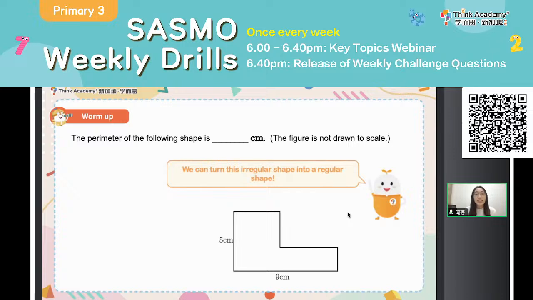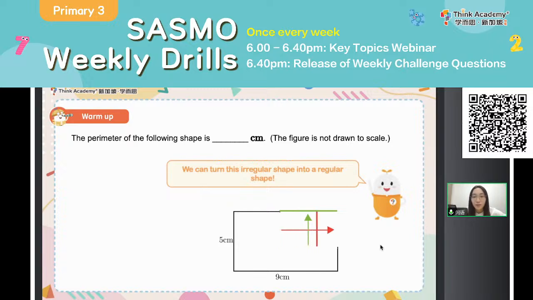We can just turn this irregular shape into a regular shape. Let's have a look. What should we do? Well, firstly, everyone, for the L shape, we just put the green side upward. Okay, push it up. And then for the red side, I push it to the right side.